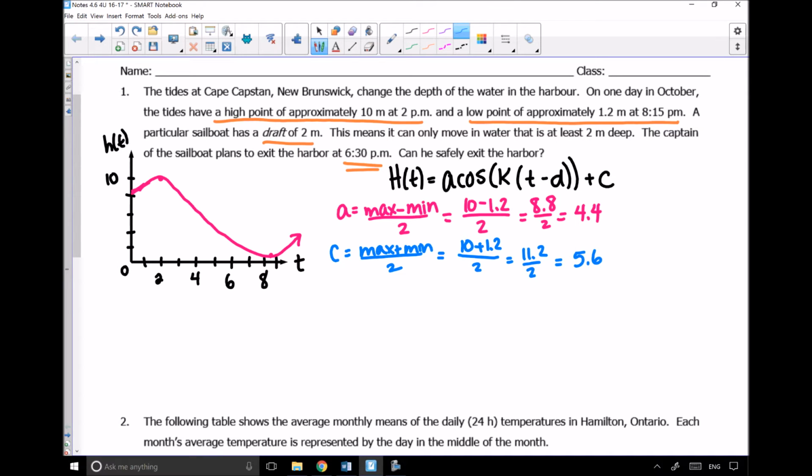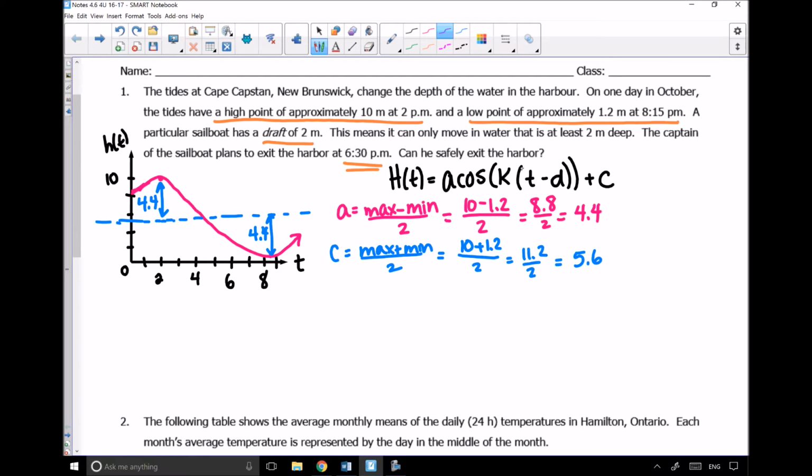Now let's see if this makes sense. 5.6 is going to be my axis, the middle point of my graph. If I add 4.4 to it, I definitely get my maximum of 10, and if I subtract 4.4 from it, I will definitely get my minimum of 1.2. So I verified those values are correct.